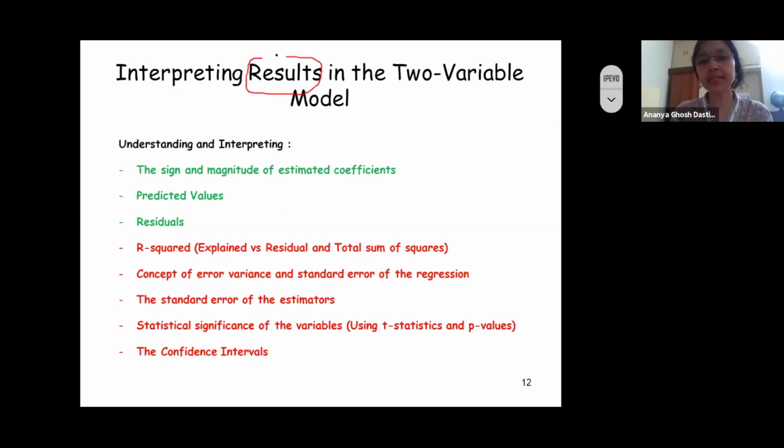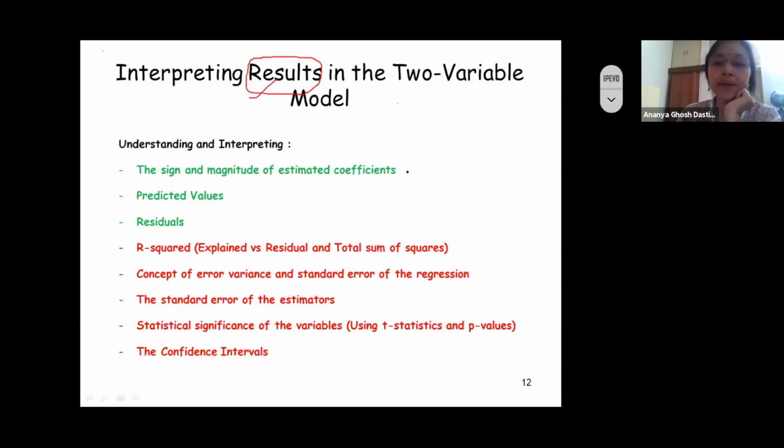When I say results, I'm talking about what you're going to see on your screen whenever you have run a model, whenever you have estimated a model using any software. So the software could be Stata, the software could be Excel, any software. Okay, so that's what I mean by interpreting results.